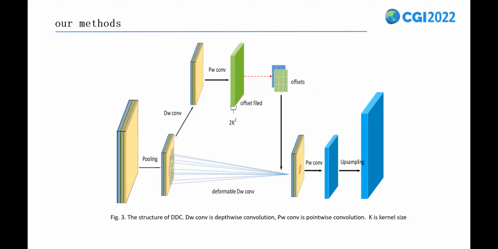The parameters and flops brought by deformable convolution are offset by the feature of depth-wise convolution, thus reducing the complexity of the module.